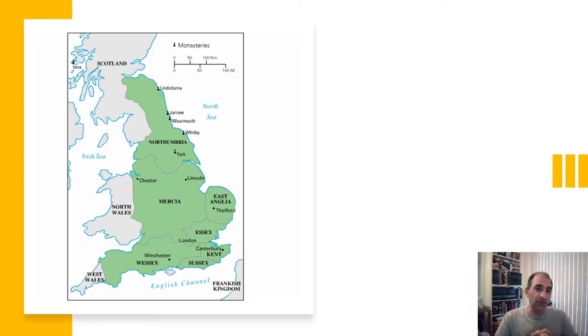And if you remember, in the 400s, the Angles and the Saxons go in, they conquer Britain. Eventually, the Angles and the Saxons merge together, and we get what we call the Anglo-Saxon kings of Britain. And basically, from the fall of Rome until the year 1066, technically, it is these Anglo-Saxons who are in charge of much of Britain.